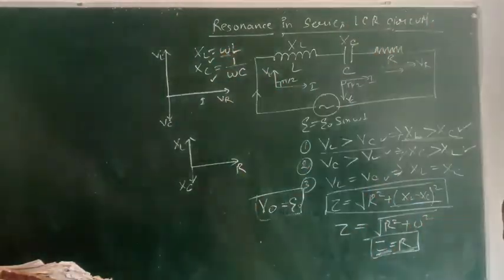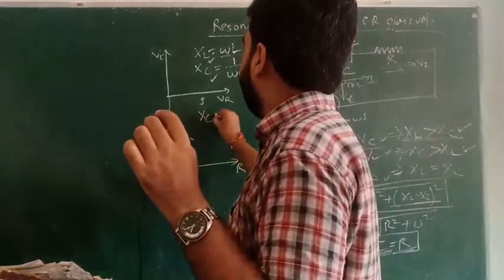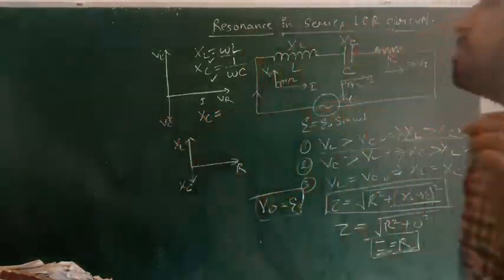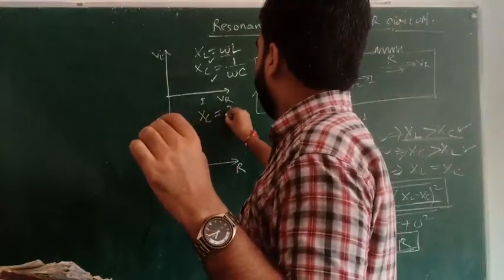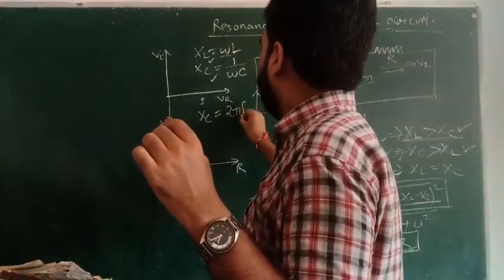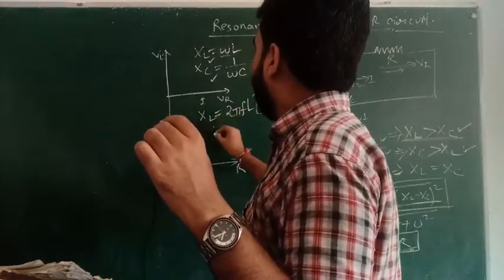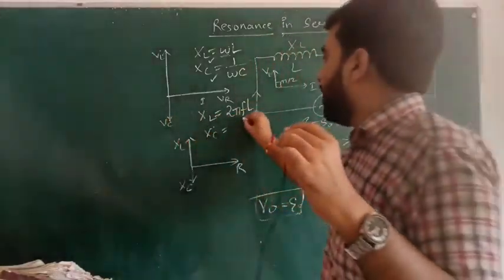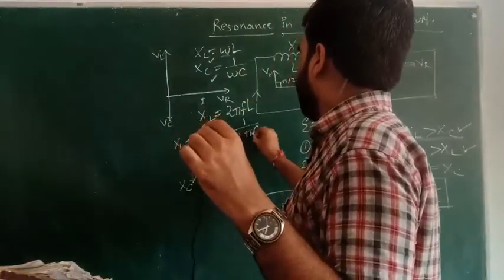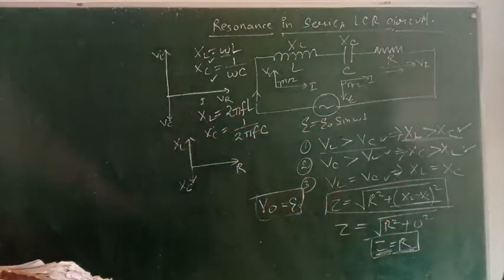That is angular velocity. Angular velocity is equal to angular displacement upon time, so 2 pi upon T, or we can write 2 pi f. So XL is equal to 2 pi fL, and XC is equal to 1 upon 2 pi fC. So XL as well as XC depend on frequency.